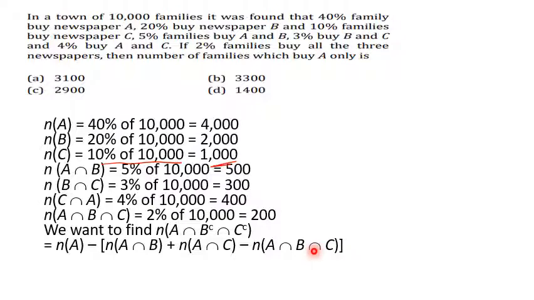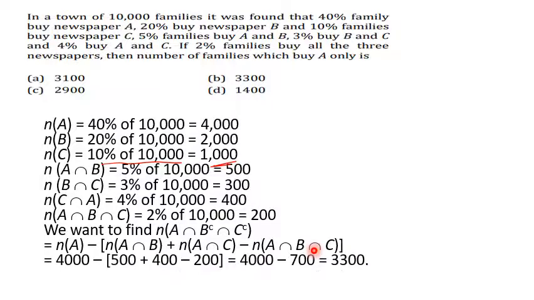ಸೊ ವಿ ಕ್ಯಾನ್ ಸಬ್ಸ್ಟಿಟ್ಯೂಟ್ ದಿಸ್ ಈಸಿಲಿ and simplify so that it is 4000 minus 500, that is A intersection B is 500, 5%, and 400 is 4%, that is 400 here, minus 2% is A intersection B intersection C, that is 200.